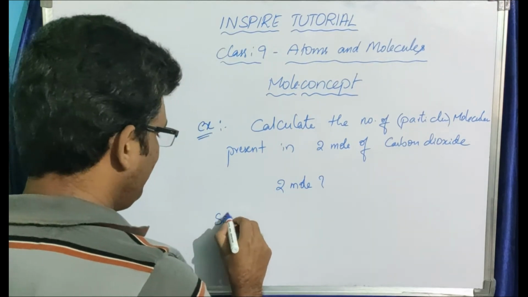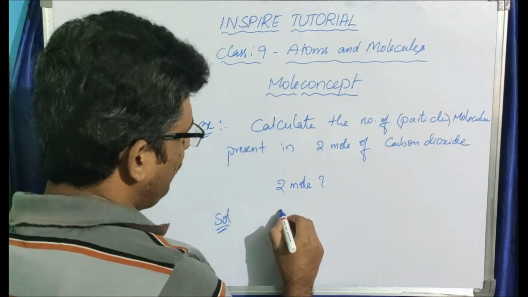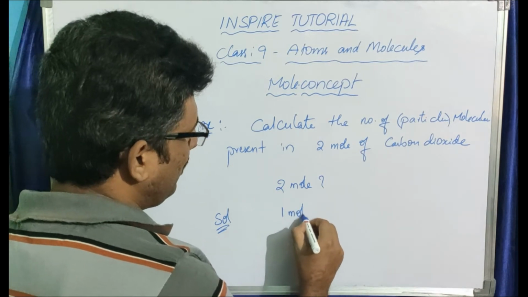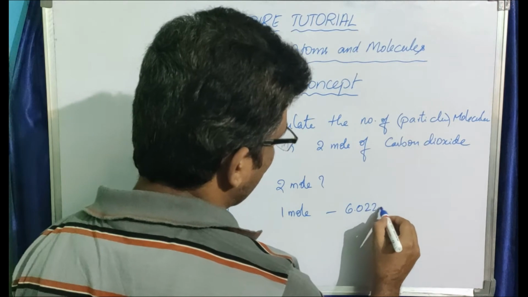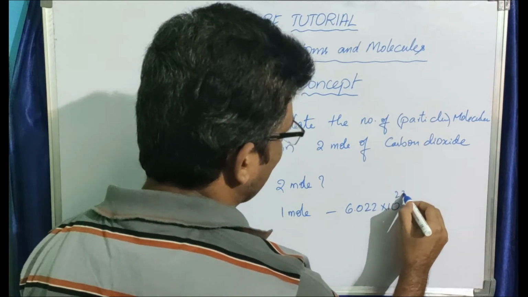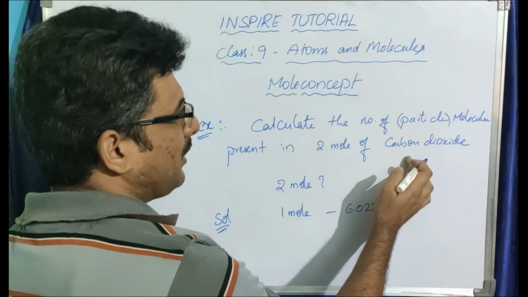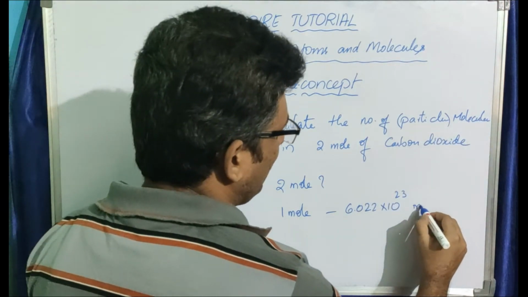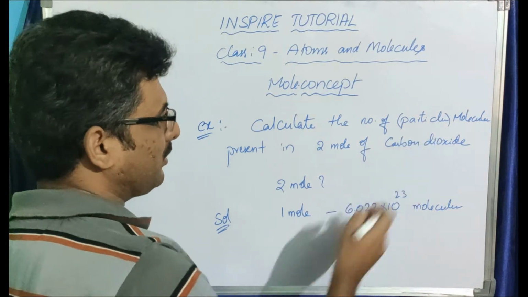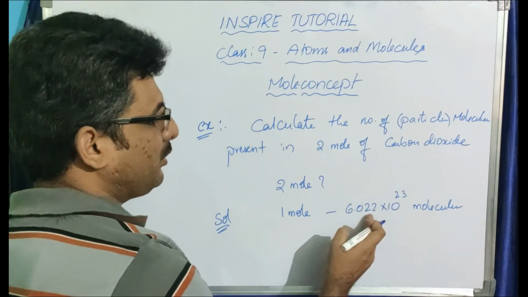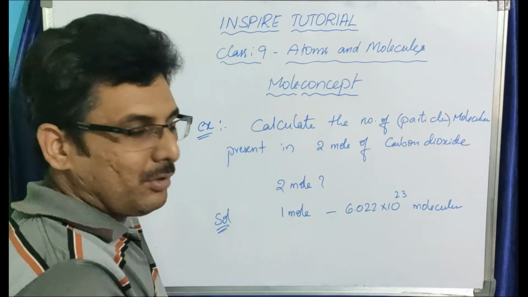So the solution will be, we know that 1 mole of a substance contains 6.022 into 10 power 23 particles. Now here it is carbon dioxide, so that will be molecules. So 1 mole of carbon dioxide will have 6.022 into 10 power 23 molecules.